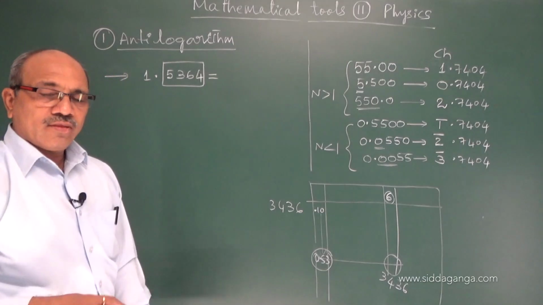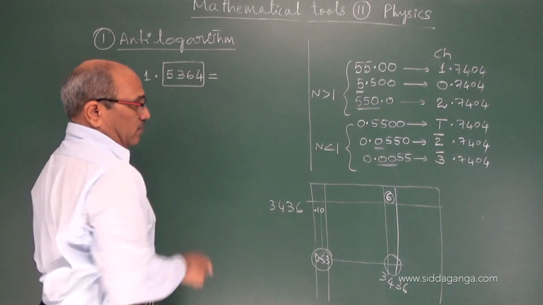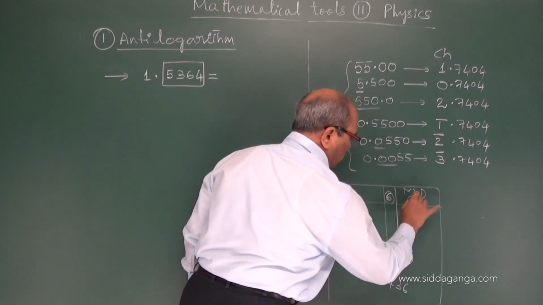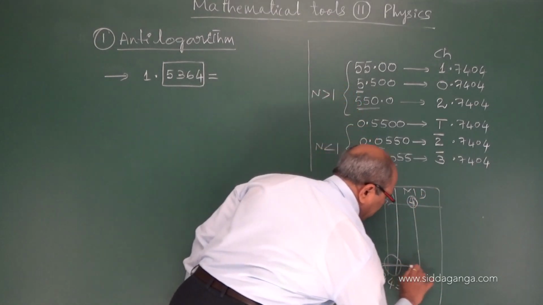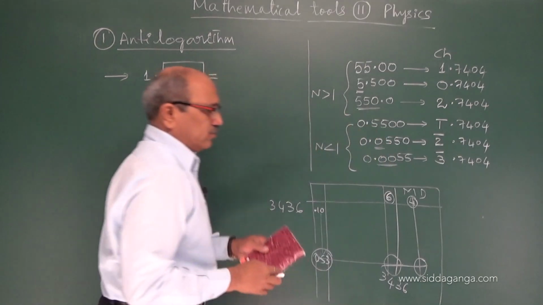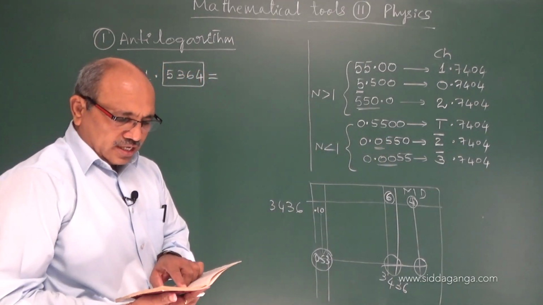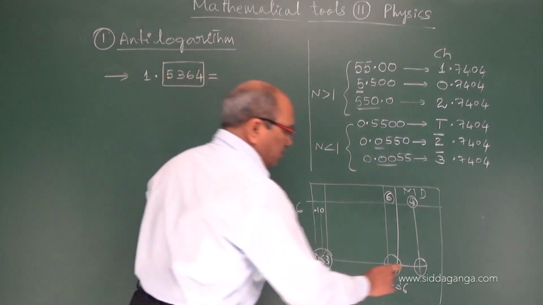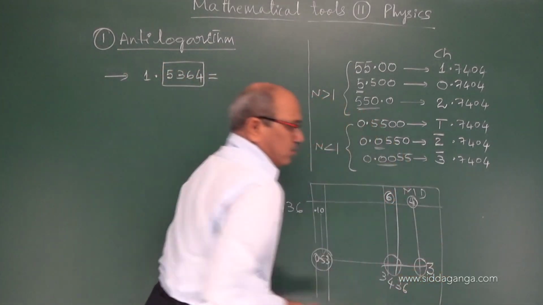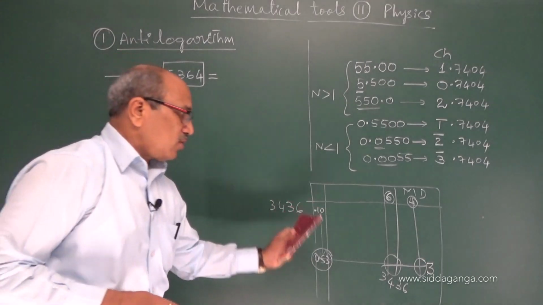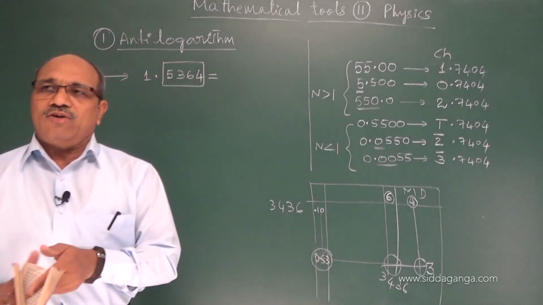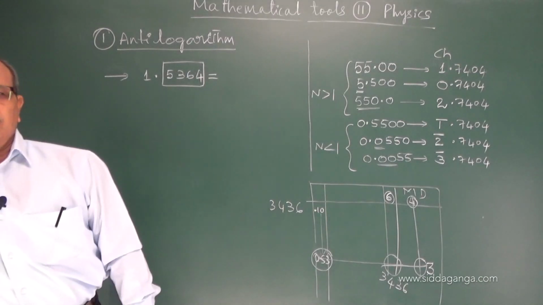Again there is a 4, and here there is the mean difference part. In that 4th column, in the same row, get the intersection point. So the 53 line continues and you go to the 4. You get the number 3. Once you understand this book, you can follow the same procedure for any anti-log or log.